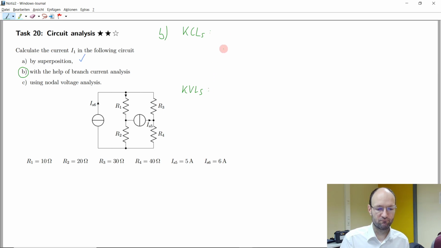And as discussed in the lecture, each of them needs to be independent of each other, because otherwise you have dependent equations in the system of equations, and this will not help you in solving this system of equations.